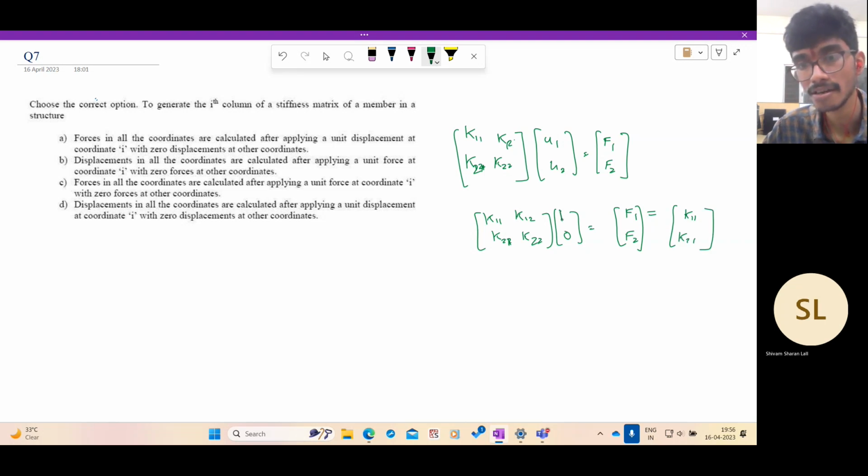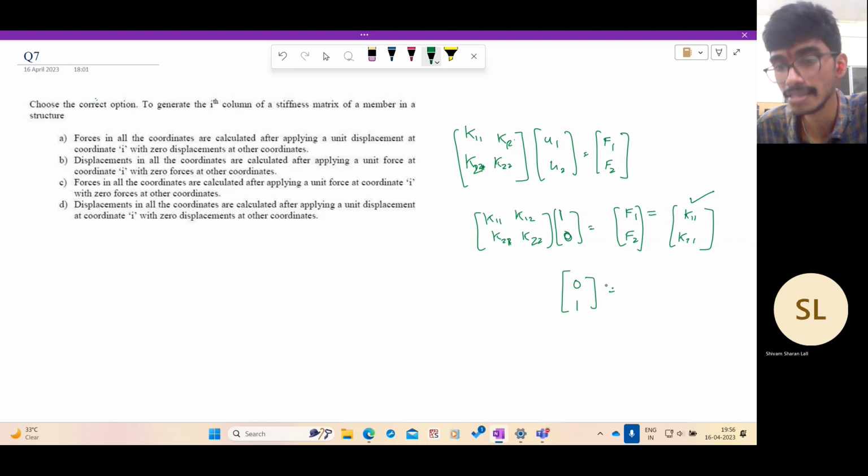So if you make this 1 and this 0 and measure the forces generated by any other method, you can use the force methods or the displacement slope deflection equations, you will get the stiffness coefficients for one column. If you make 0, 1, you will get F1, F2. You measure them, they will turn out to be K12 and K22.